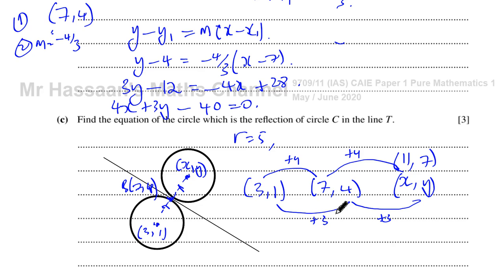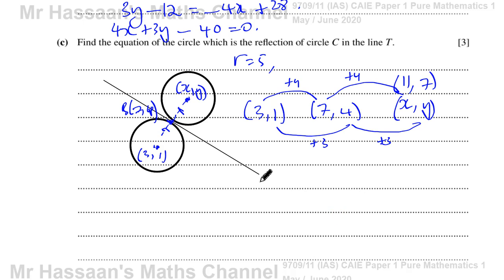There's also another way of doing it, which is more algebraic, where we say, okay, 7 is a result of being the midpoint of 3 and x. So how do you find that? If one of them was unknown, you have 3 plus x divided by 2 equals 7.